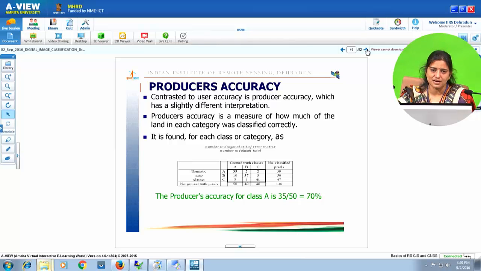Out of 50 pixels which should be there for class A, only 35 have been classified as class A. So 35 divided by 50, that is 70%, would be the producer's accuracy for class A. That means 30% of pixels have been omitted. So 30% would be the error of omission, or false negative.